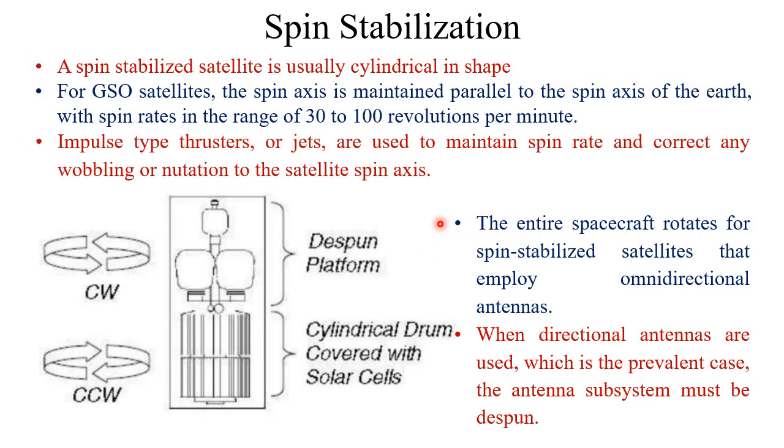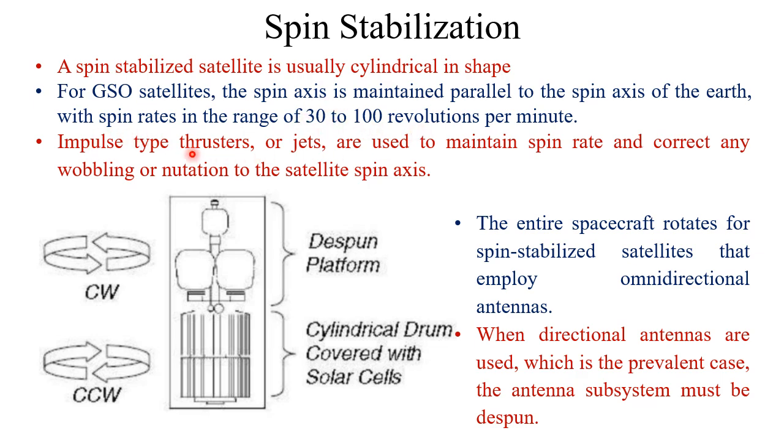So let us first discuss spin stabilization. A spin stabilized satellite is usually cylindrical in shape, that we have already said. For geo satellites, the spin axis is maintained parallel to the spin axis of the Earth, with spin rates in the range of 30 to 100 revolutions per minute.